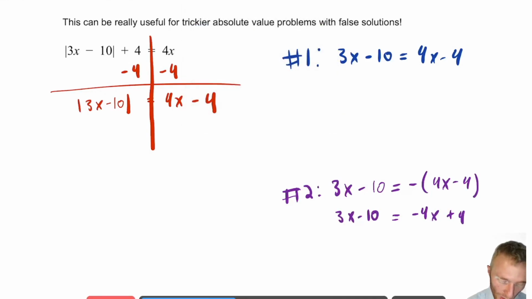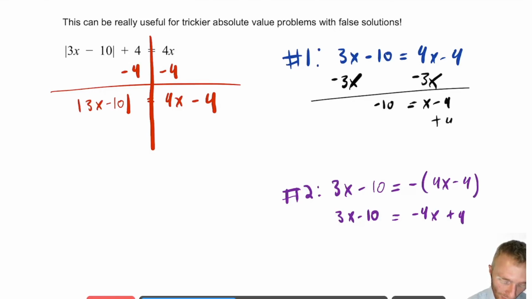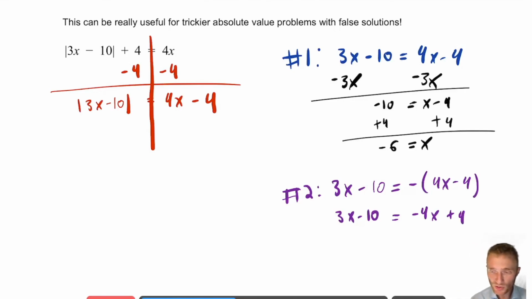Solving these really quickly here, I would take 3x away from both sides. That would leave me with negative 10 is equal to x minus 4. I'd add 4 to both sides, and I'd get negative 6 is equal to x. So that's one potential solution.